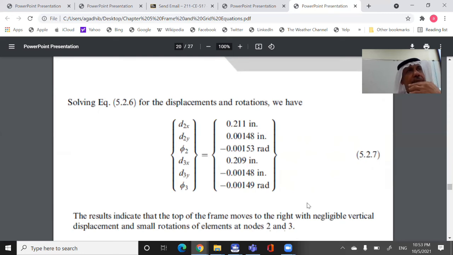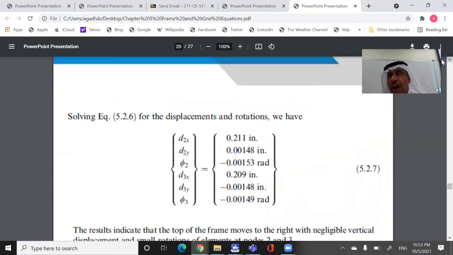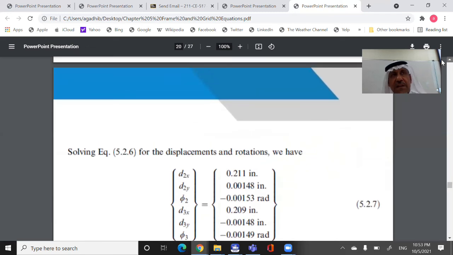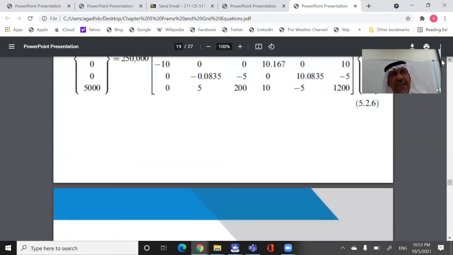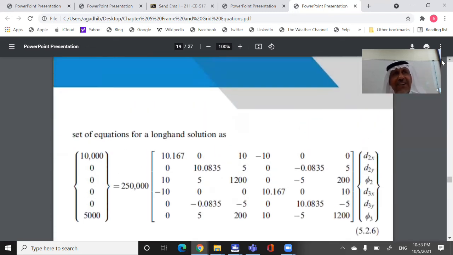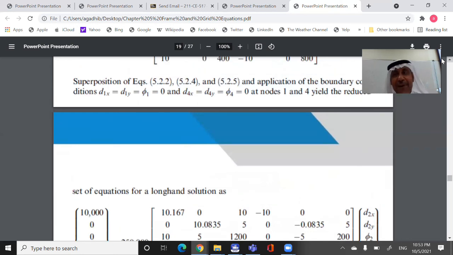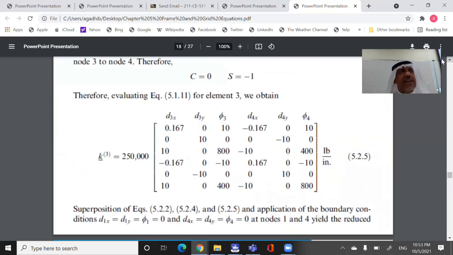What do you do? Suppose now you have D2X, D2Y, Phi2, D3X, D3Y, Phi3. How do you find the internal forces? Which matrix? No, not the larger one. The 6 by 6.